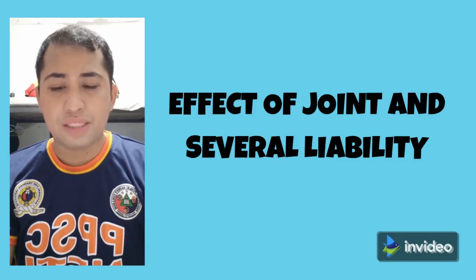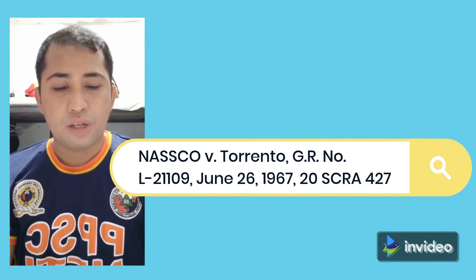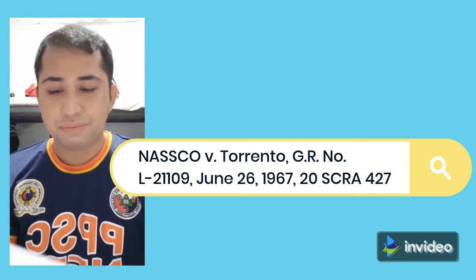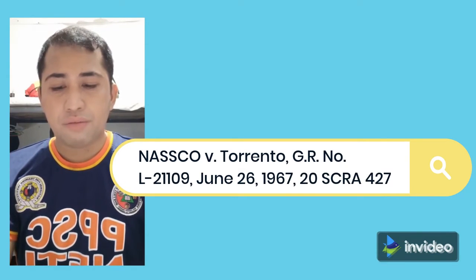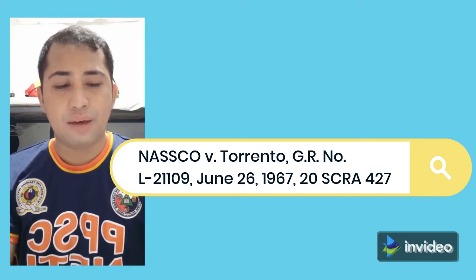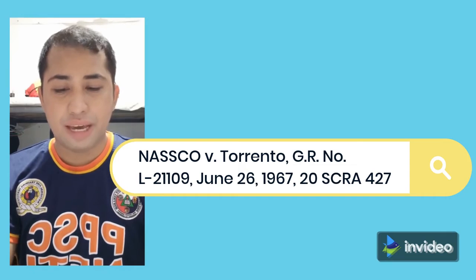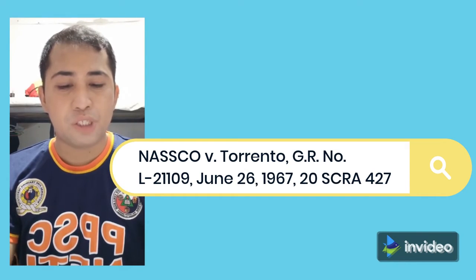An illustrative case for this matter is the case of NASCO versus Torrento, GR number L-21009, June 26, 1967, 20 SCRA 427. The court found that since the surety bond expressly provides that Torrento and MISC solidarily bind themselves under the surety bond, it is a suretyship, in which case the provisions of the Civil Code with respect to joint and solidary obligation will apply.